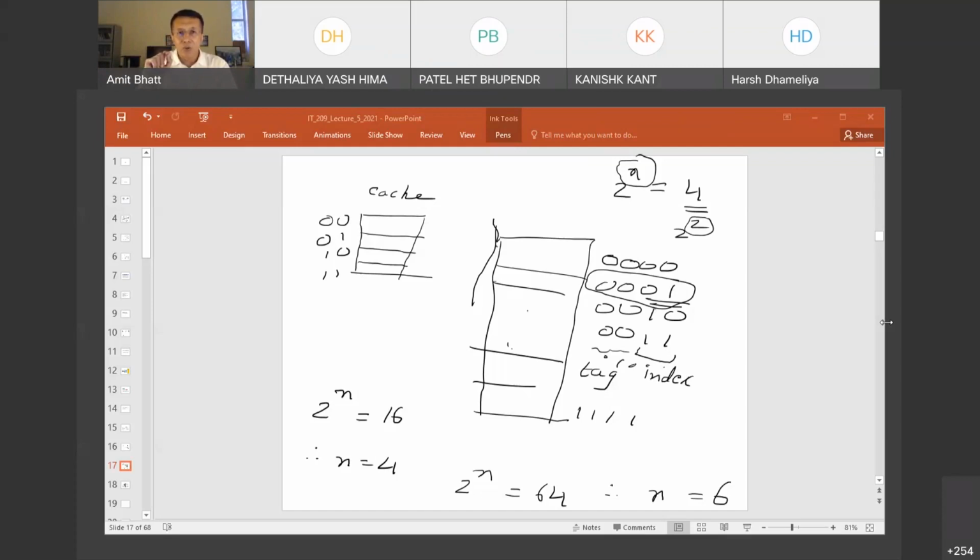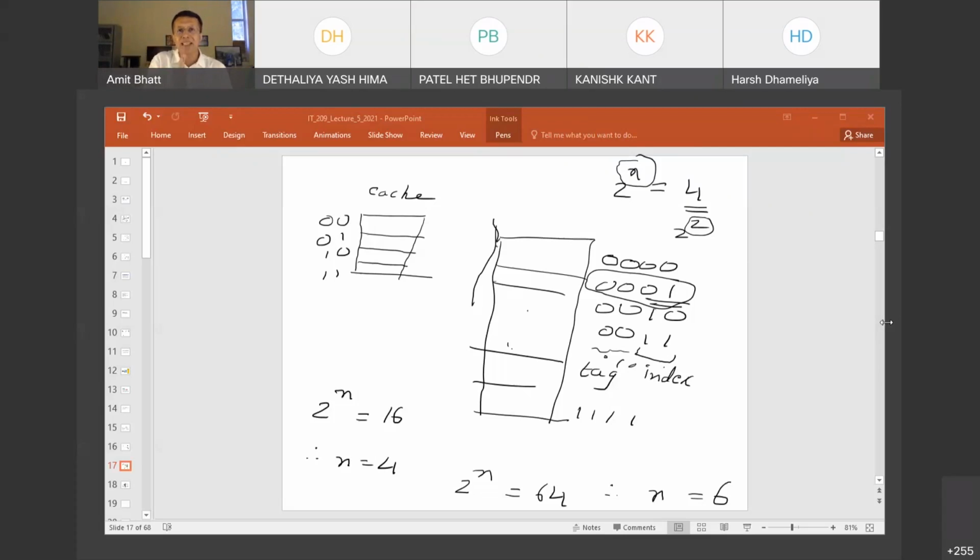The whole reason for this is simplicity, and you don't lose any time. Suppose I say, has student number 100 come? Then the person has to look only at chair number 0. If someone is sitting there, then match the other 2 bits. So 0 is already there, so that shows his last bit. If his MSBs are 1 and 0, then say yes, 100 is there. He doesn't have to look at chair number 1, 2, 3, 4, 5, 6, 7, 8, 9 and start matching tags and everything.